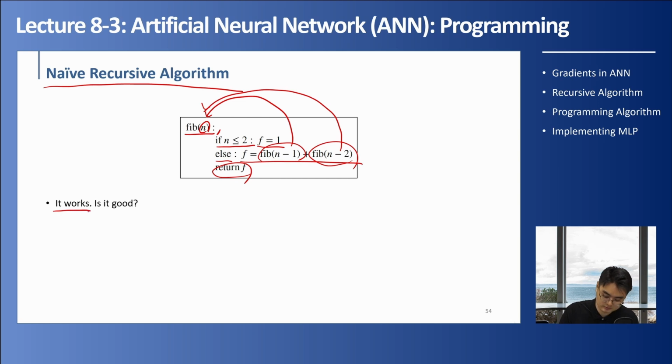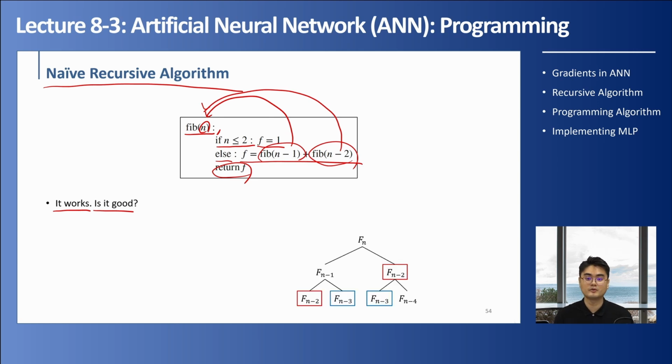It will work. However, as engineers, we also need to think if this is a good way to solve this problem. Let's see how our Fibonacci numbers are calculated. If we want to calculate fn, we need to calculate fn minus 1 and fn minus 2. And to calculate fn minus 1, we need to calculate fn minus 2 and fn minus 3.